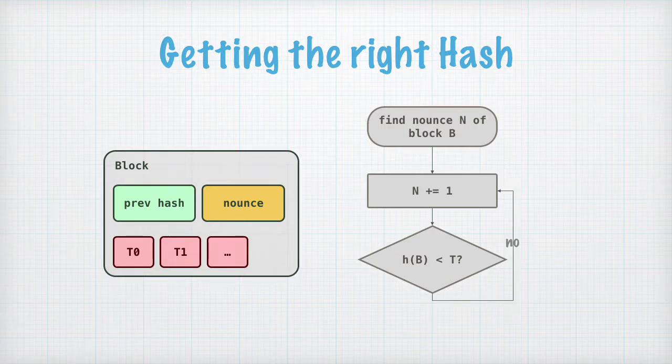So you can see this is a loop that continues again and again. Each time we perform a hash, and this is time consuming. So it will take quite a lot of time and processing power to actually find the nonce that will create a block that, when hashed, is less than t. And when we do, that's when we have a new valid block to add to our chain.